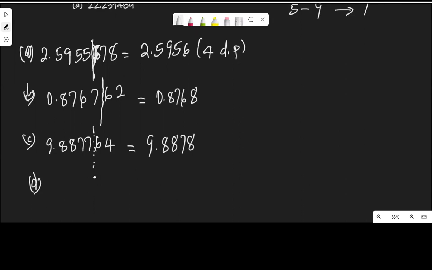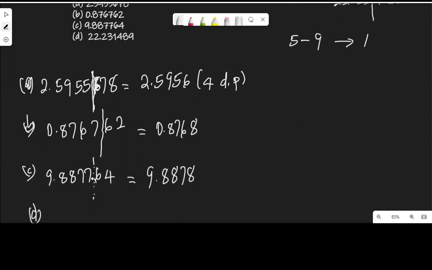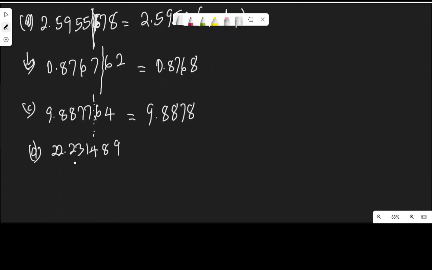Now we'll move on to question D, which is 22.231489. Want to round it to 4 decimal places. So let's locate the position of 4 decimal places. 1, 2, 3, and 4. We use a line to demarcate that.